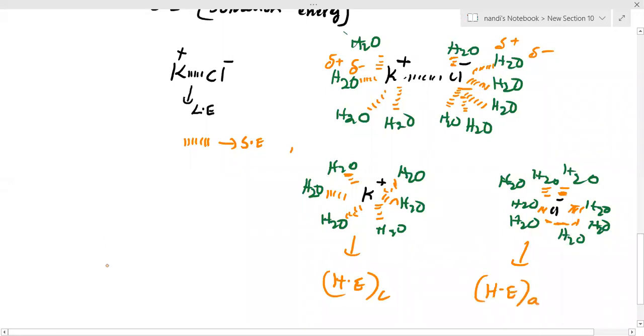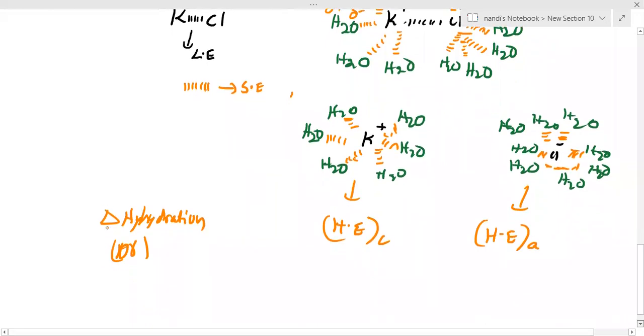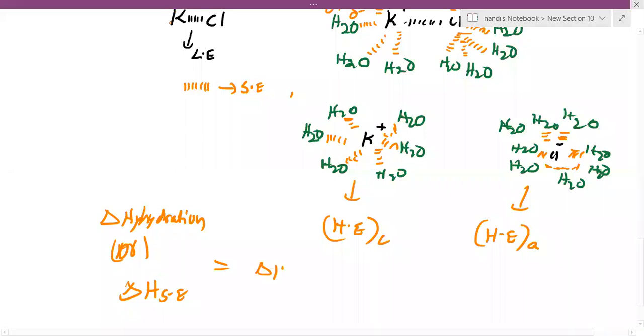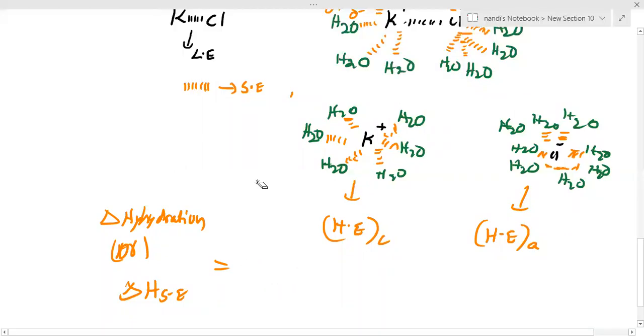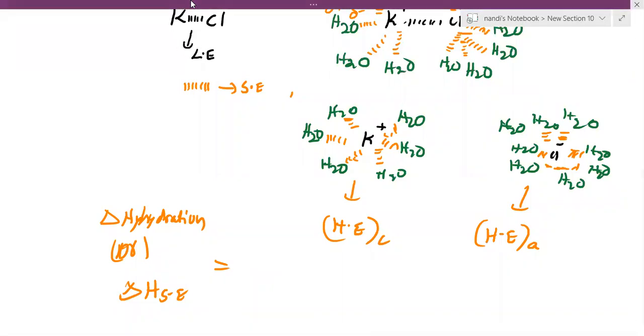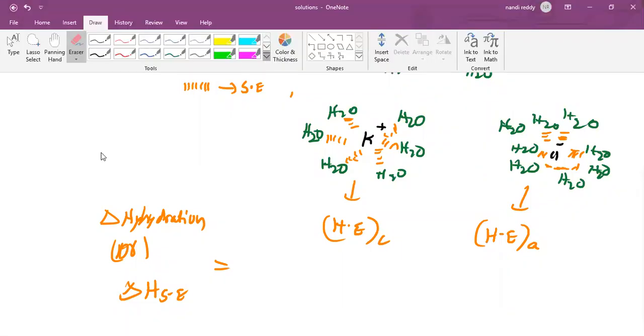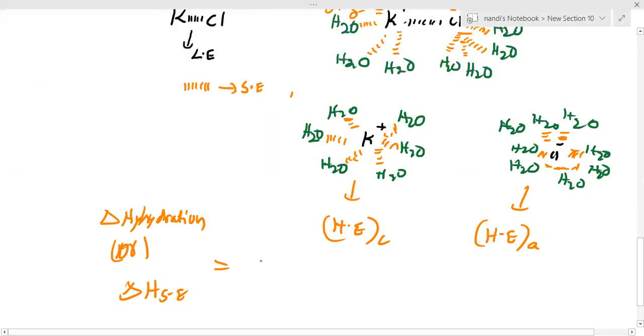Clear? So delta H of hydration or delta H of solvation energy, both are the same, sir. Delta H solvation energy is equal to the cation hydration energy plus the anion hydration energy. You can take H cation plus H anion.